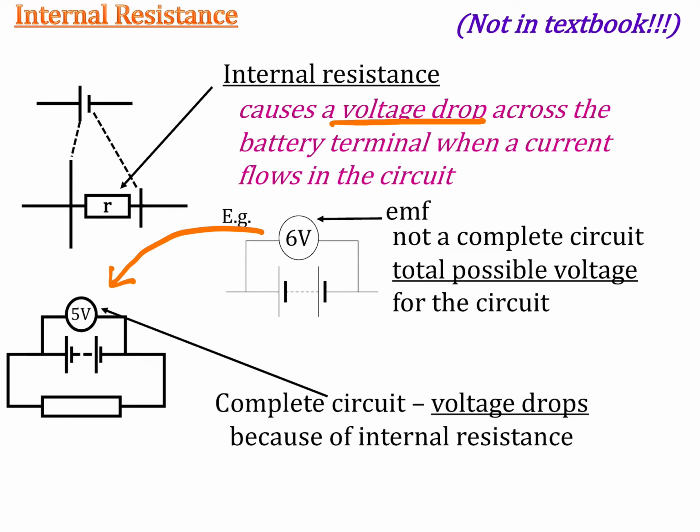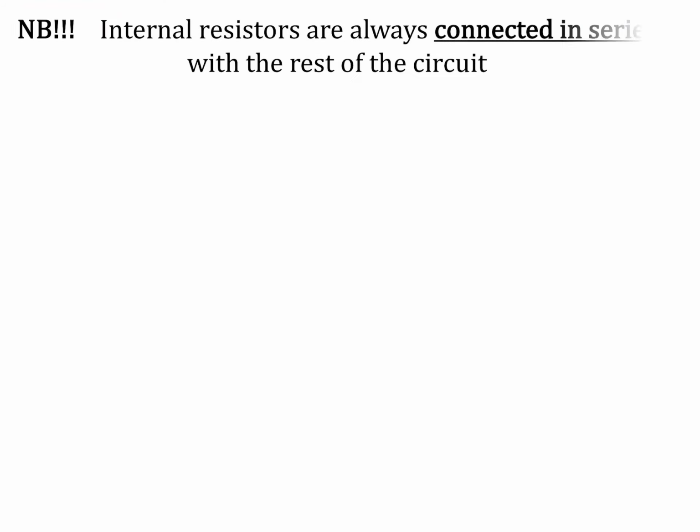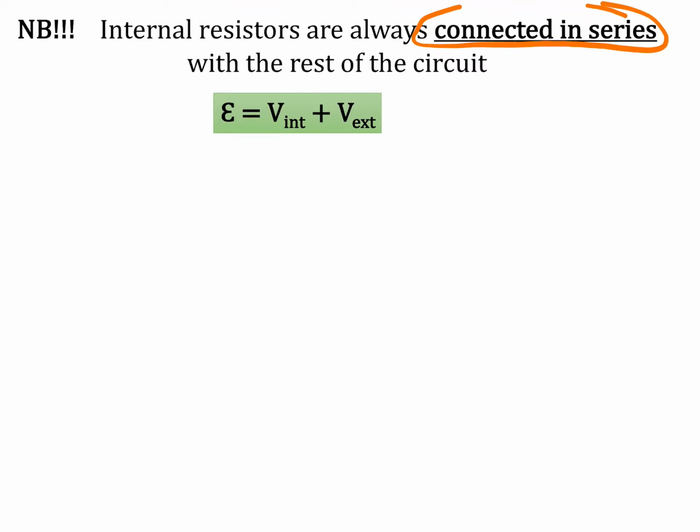So when we complete the circuit, the voltage drops because of internal resistance. Now, internal resistors are always connected in series because you cannot connect a battery in parallel to a circuit. It's got to be connected in series. So internal resistance always increases the total resistance and makes the current get smaller.